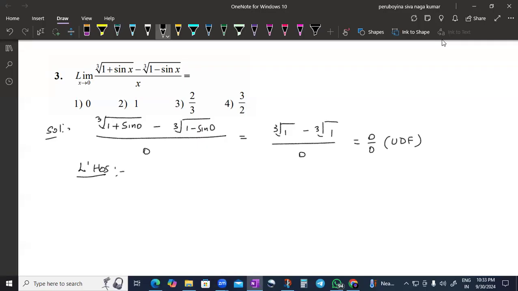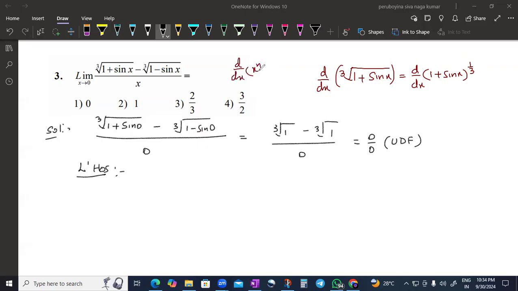So according to L'Hospital's rule, we know what to do. Here, 1 plus sine x under cube root can be written as 1 plus sine x power 1 by 3. If you try to do the differentiation, what is the x power n derivative? d by dx of x power n is n into x power n minus 1.